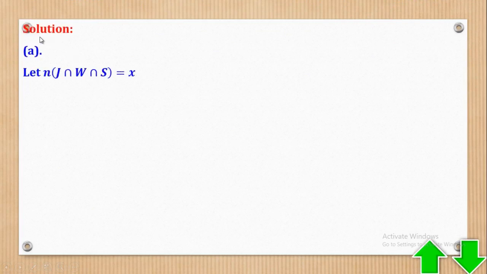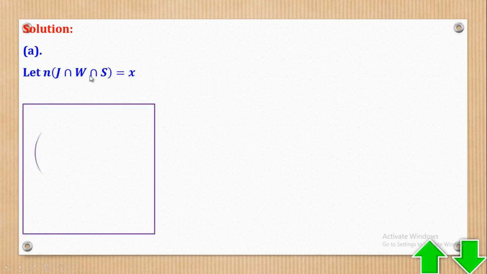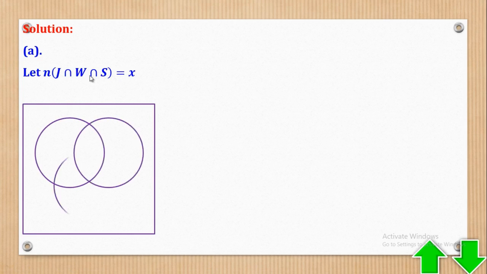So in part A, we need to first get the intersection of all, which is those who drank all the 3 drinks: juice, water, and soda. Let it be x. Therefore, we shall now represent them on the Venn diagram. So we have to draw 3 circles, one for J, one for W, and one for S. After that, we shall feed in the information given.